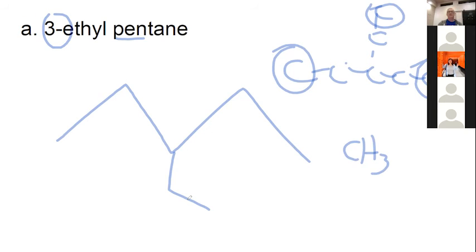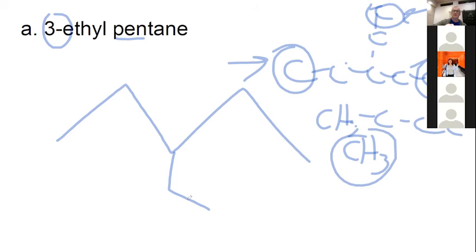So if you get tired of putting hydrogens everywhere on these terminal carbons, you can just put CH3 if you want, and then carbon, carbon, carbon, and then fill in the hydrogens. I know it's a pain drawing all of those.